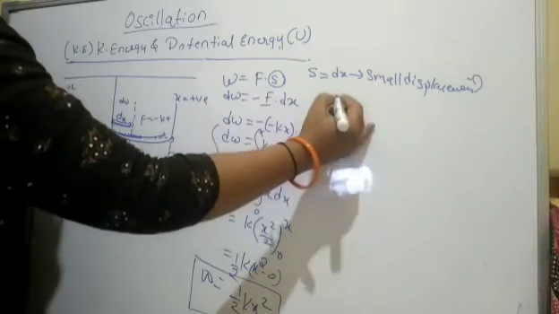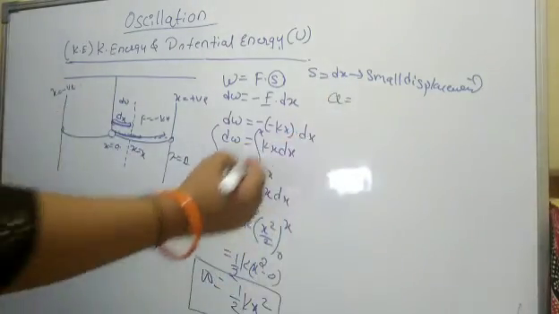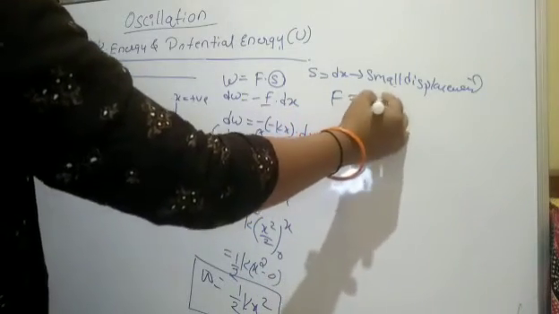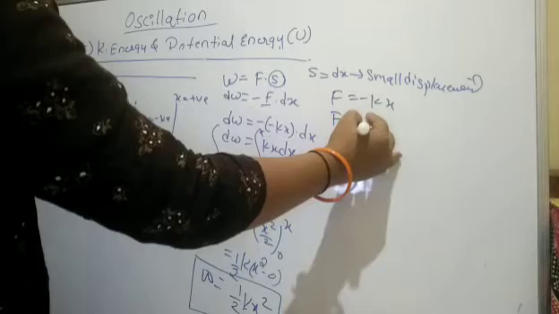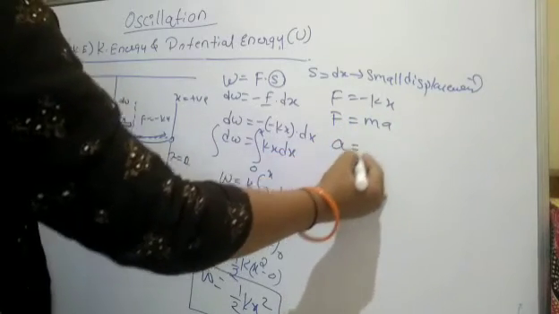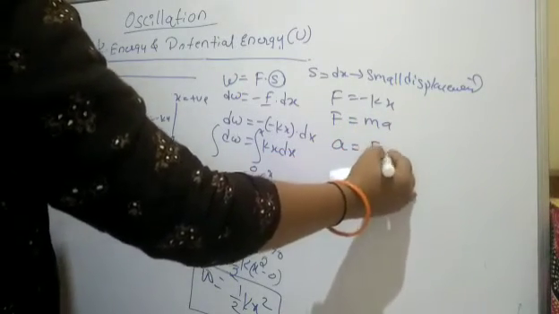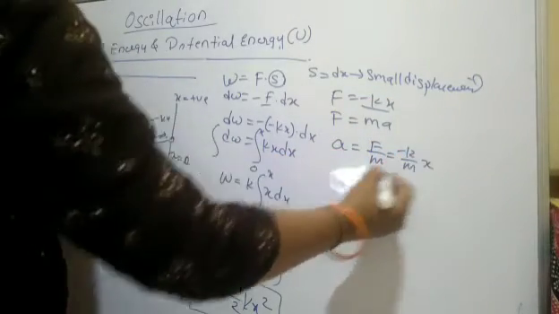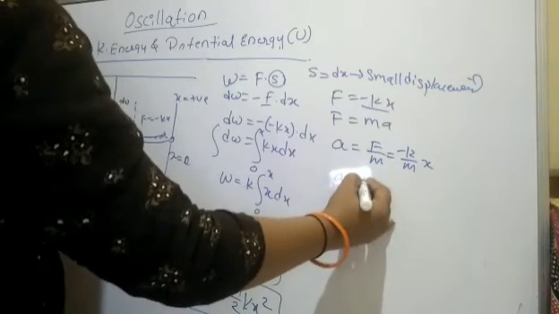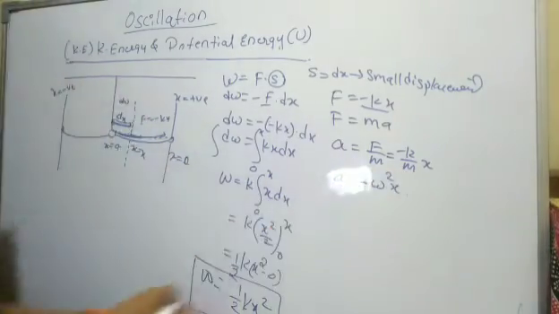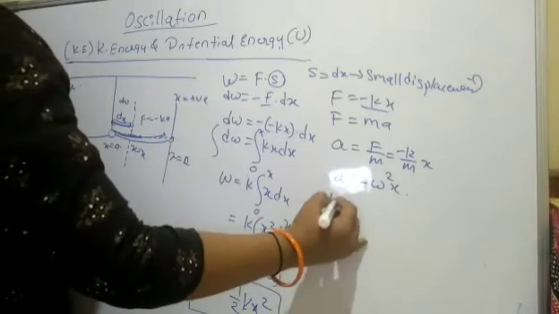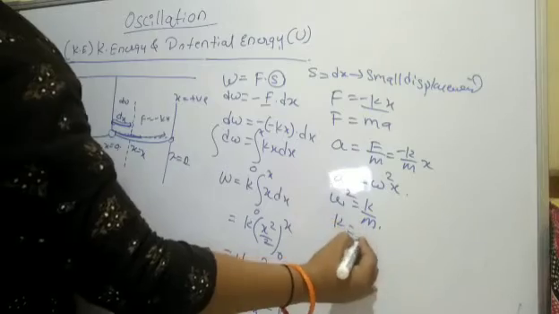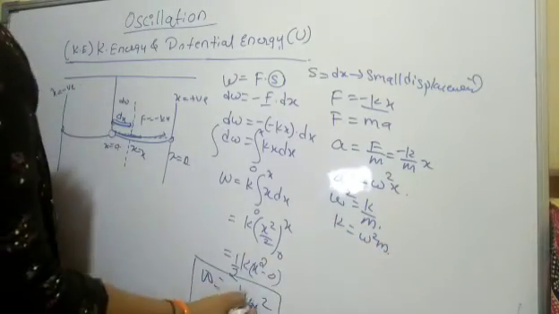As we know, for acceleration of a particle executing the simple harmonic motion, we can take f is equal to minus kx. So f is equal to m into a, so a is equal to f by m, in this case minus k by m x. So a is equal to minus omega square x. We have written this, we know this. So omega square is equal to k by m, as k is equal to omega square m. Substitute in this form.